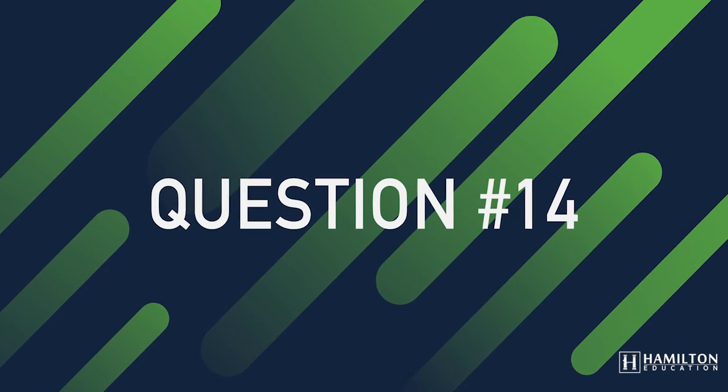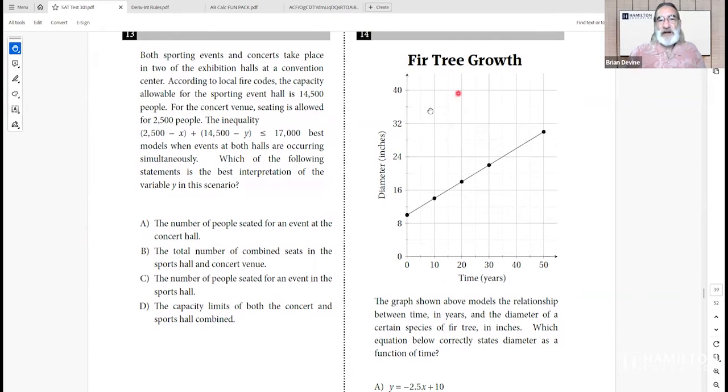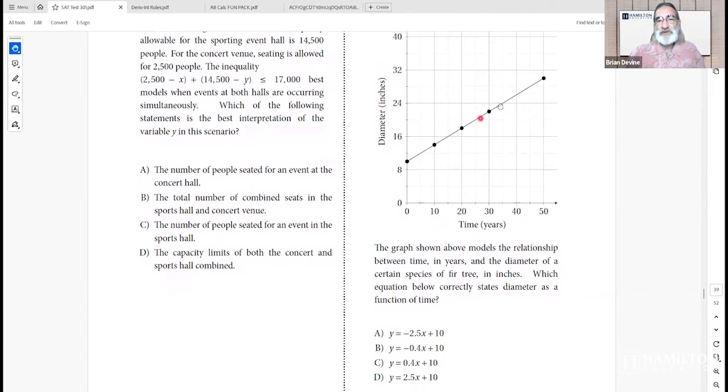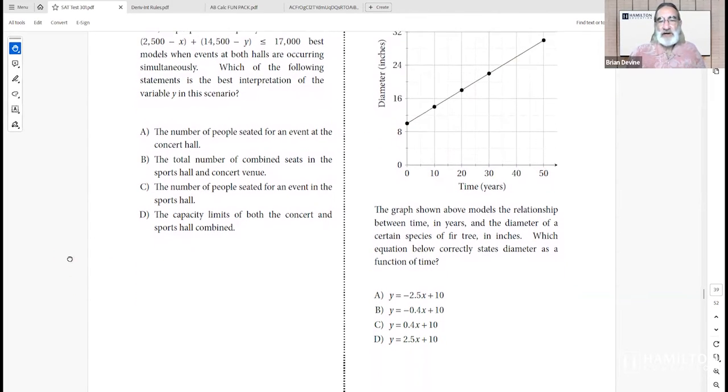Question 14. In question 14, we're given a graph of fir tree growth. And so over time, the diameter of the tree changes. In fact, it looks like it grows in a linear manner. And the graph above shows the relationship between time and the diameter. Oh, okay, just what we see.